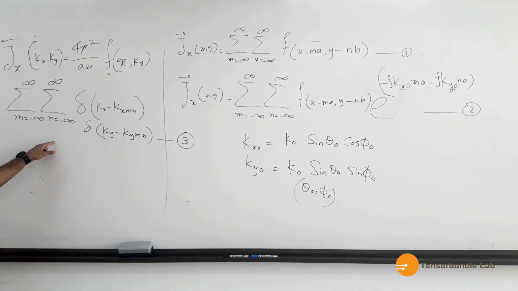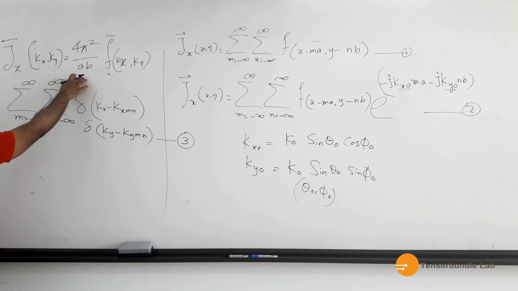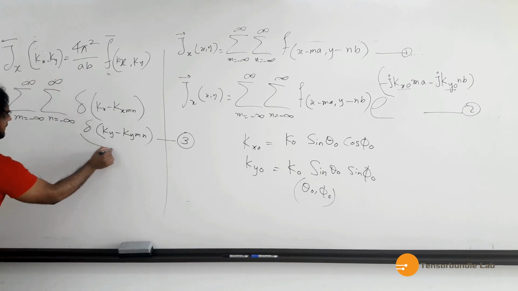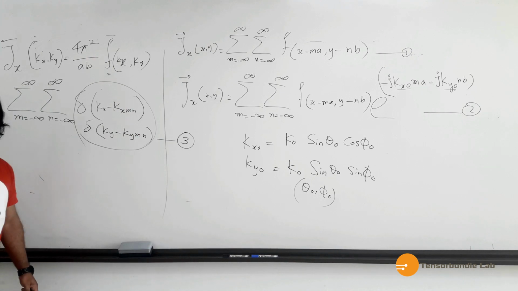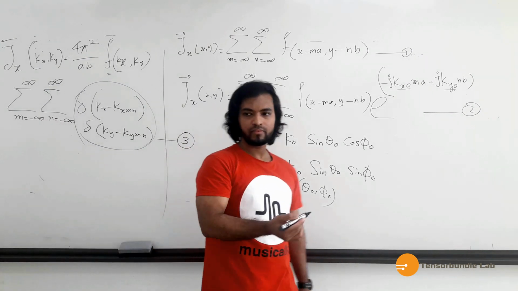Now, if we observe this equation, it's very clear that the spectral components, this is the frequency domain of the surface current, are basically defined at discrete points. Alright?